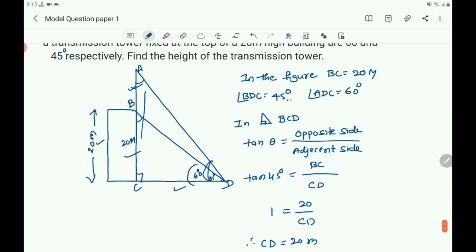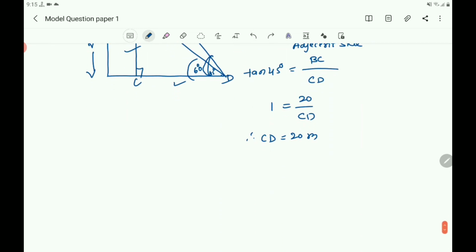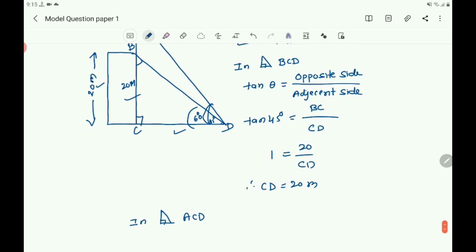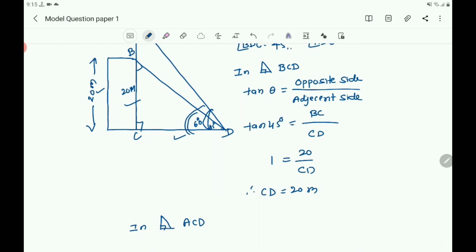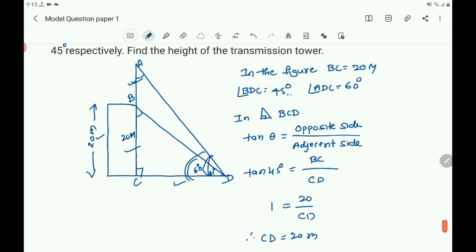Now you take this triangle ACD. So you take in right angle triangle ACD. Again the angle is at the point D only, at the vertex D only.